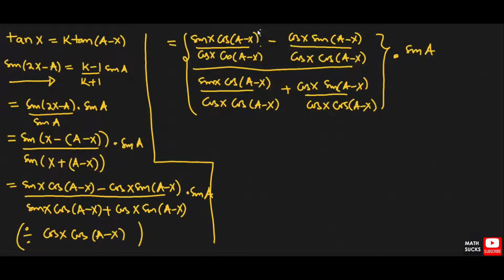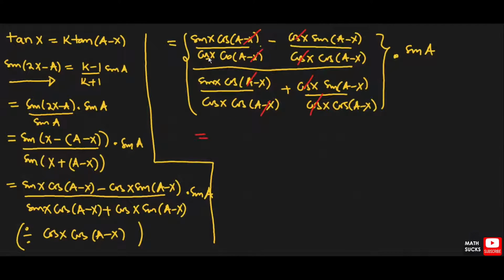So now all we see here is that this term can go with that. This term can go with that. This term goes with that, and then this goes with that. So what do we have?